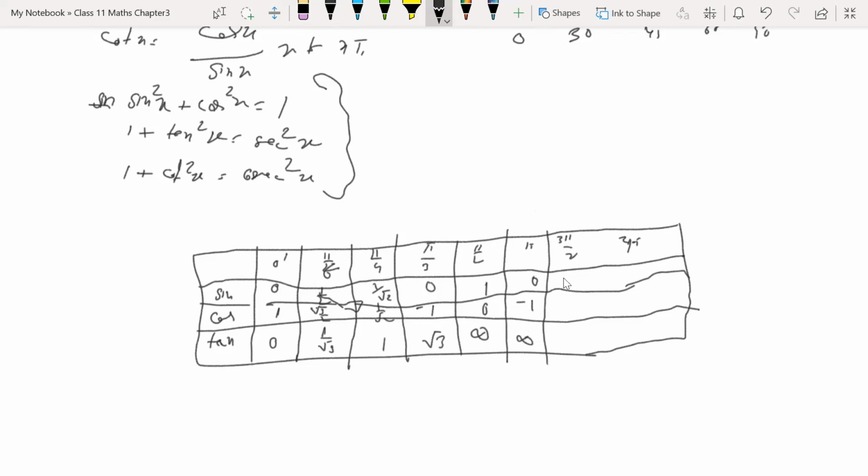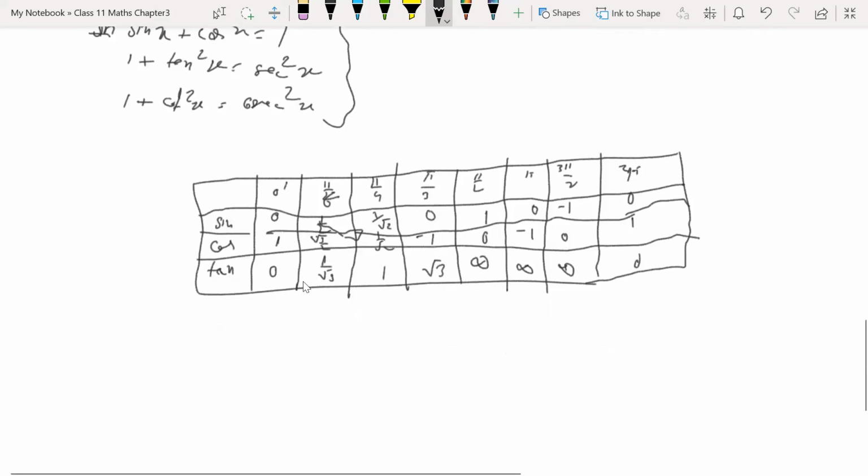And at 2 pi: 0, 1, and 0. All these values can be defined. I hope you understand it very well.